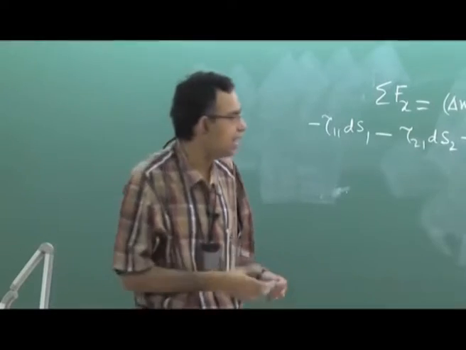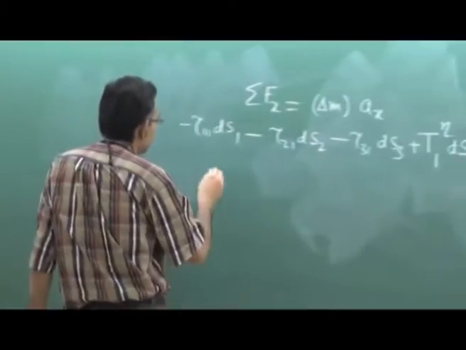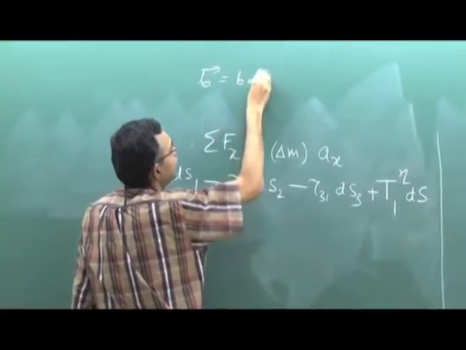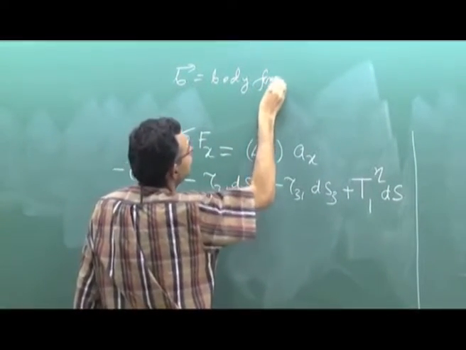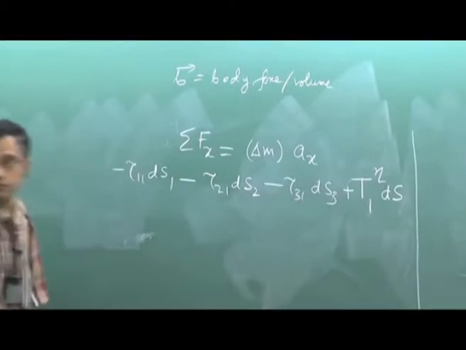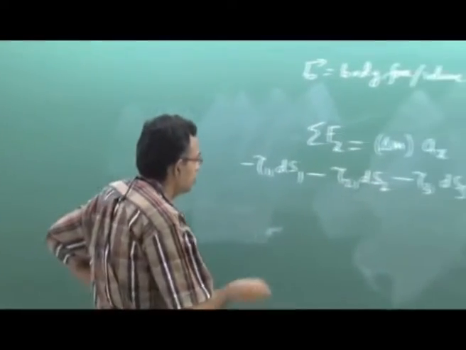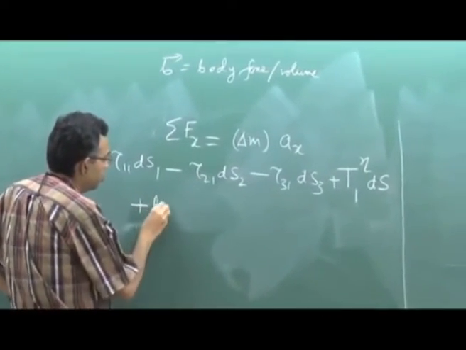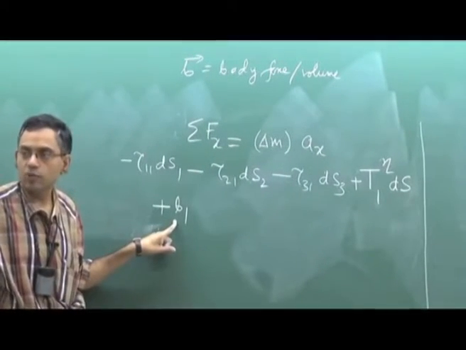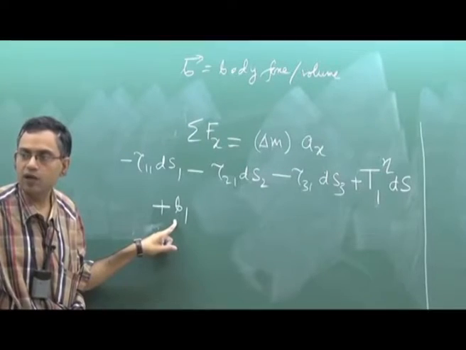So let us say that B is a vector which is body force per unit volume. So B with subscript 1 is the component of the body force per unit volume along x.